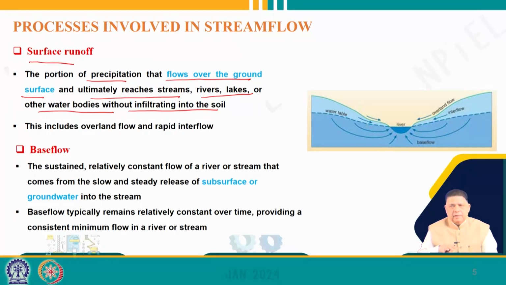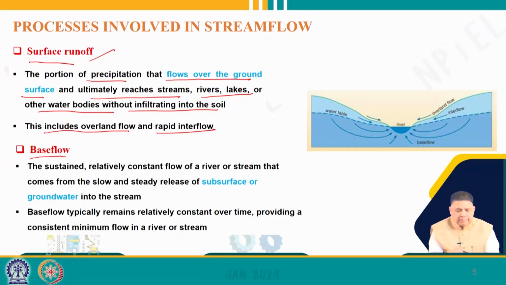We studied infiltration in the previous lecture, and we saw the infiltration capacity of the soil has to be satisfied first, and only then overland flow takes place. So, that is surface runoff, and this includes overland flow and also rapid interflow, which we just discussed.